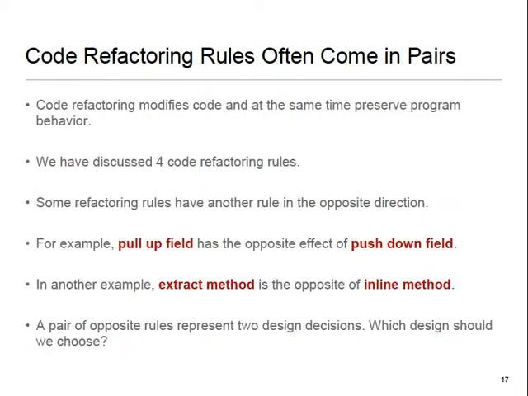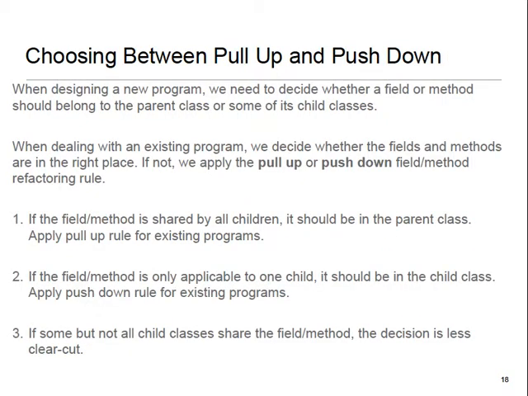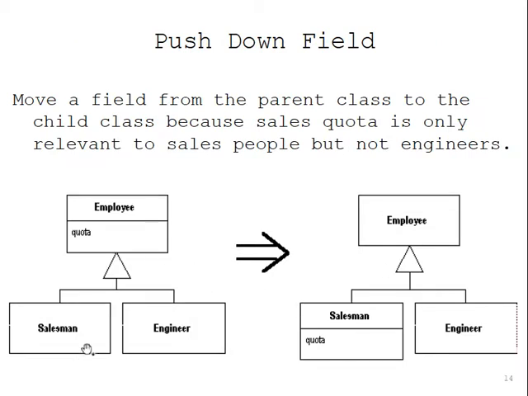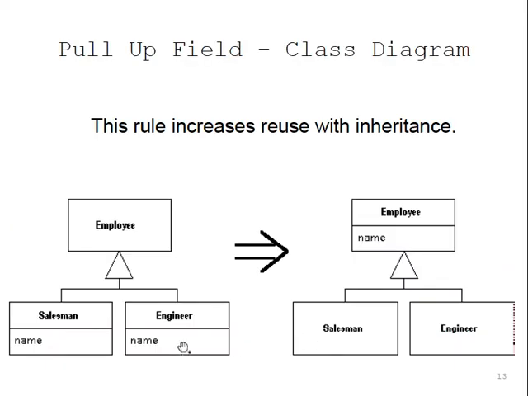it depends. For example, in the earlier example, if the sales quota only belongs to the salesman, then we should use push down. That is good design, when the field is in the child. On the other hand, if the field appears in both children, then naturally pull up is the better design. So if the code is originally in this shape, we should change it to this one. Of course there are also times that the code is originally in this shape, so you don't have to apply the rule.